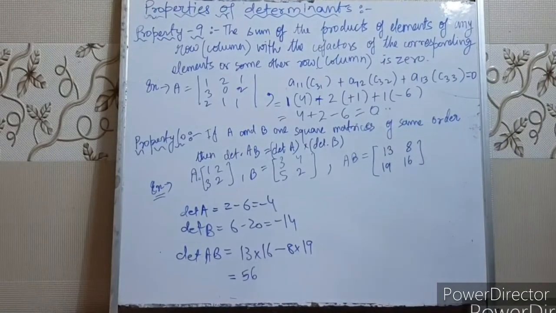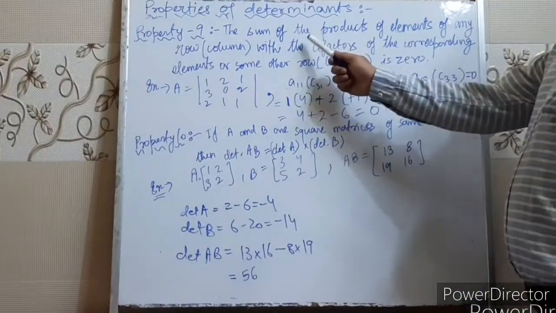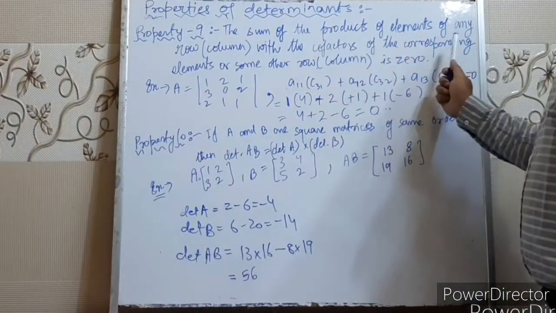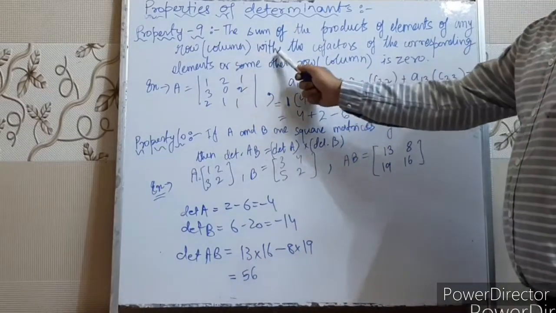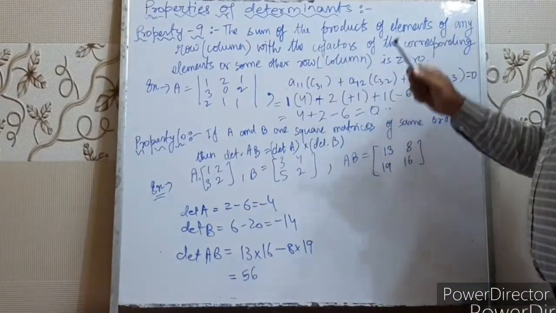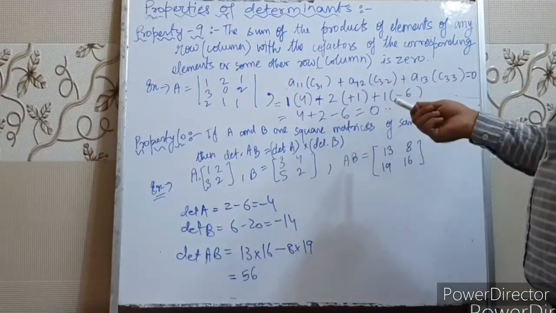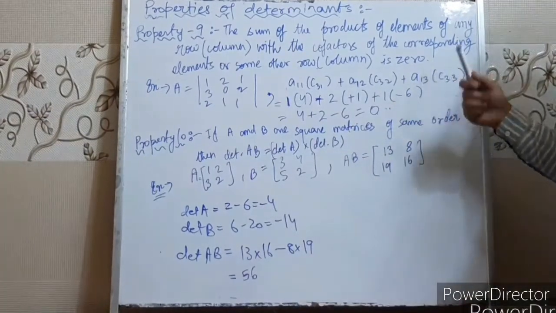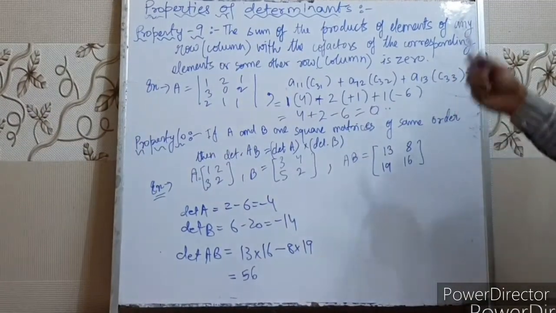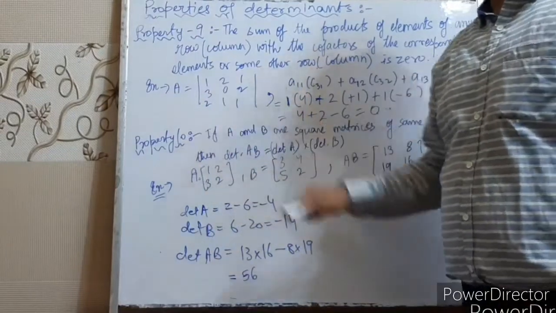Okay, children, let's see property 9, which states that the sum of the product of the elements of any row or column with the cofactors of the corresponding elements of some other row or column is 0. Let's try to understand by taking a simple example.